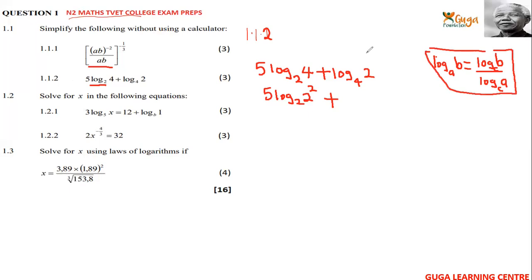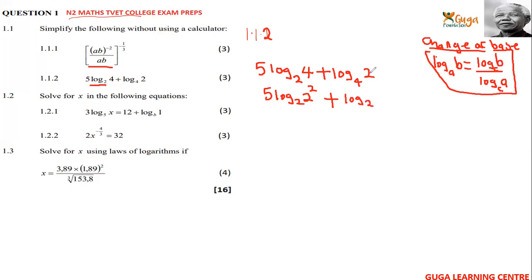We call this the change of base. It's very simple. You'll agree with me that if it's base 4, then we change it to base 2, which is C in this case.